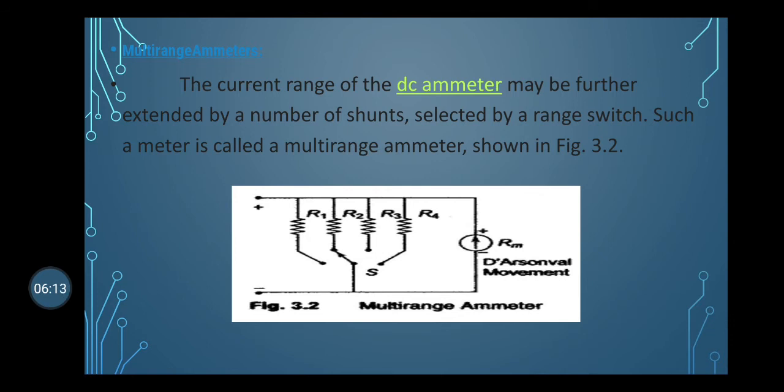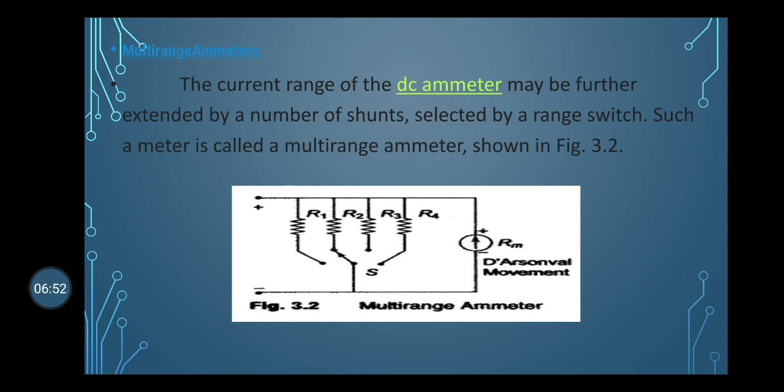By changing to different values of resistance, we can lower the value of current which will flow through the meter movement. The current ranges of the DC ammeter may be further extended by the number of shunts selected by the range switch.